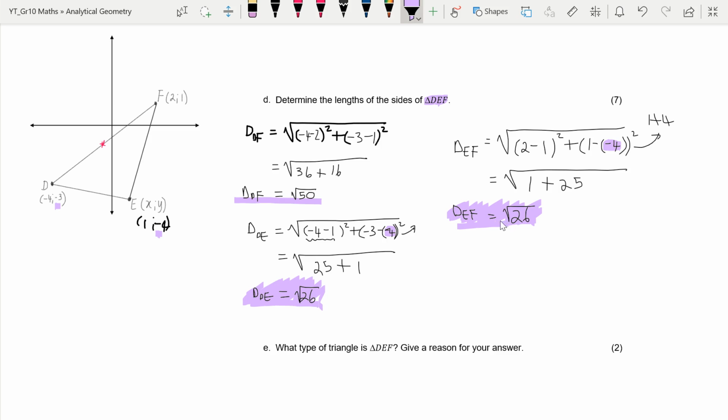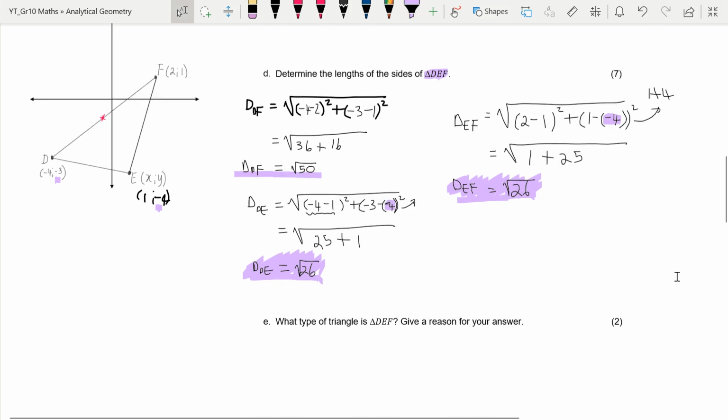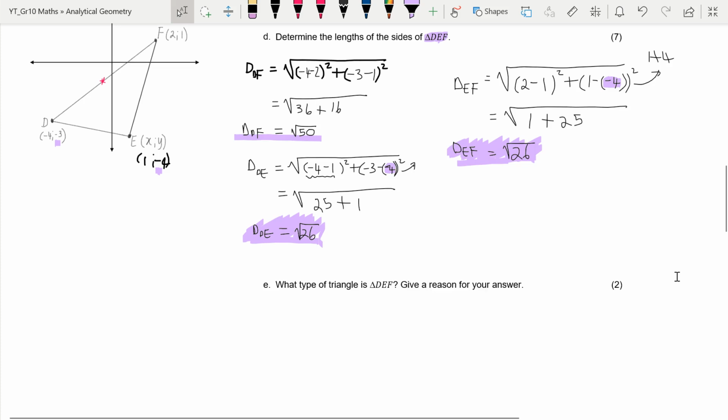Okay. Well, we did what they asked. Let's see what's next. With the next one, they are asking us, what type of triangle is triangle DEF? And give a reason for your answer. Well, we basically answered that in the previous question. We saw that two of the side lengths are the same. So now the question is, do you know the names for triangles, how we name triangles according to their sides?